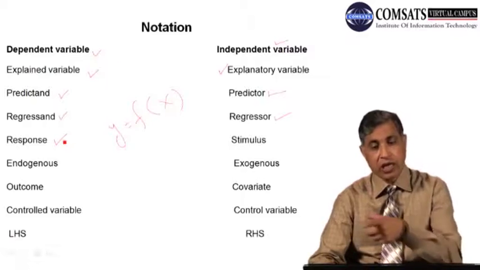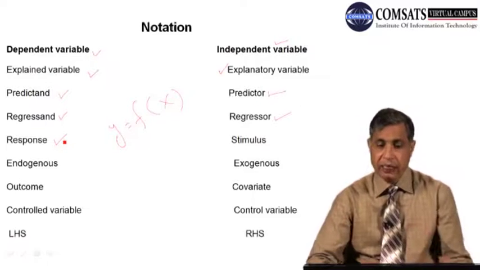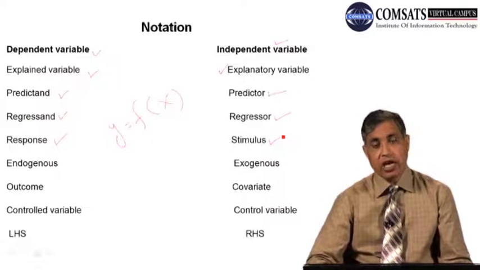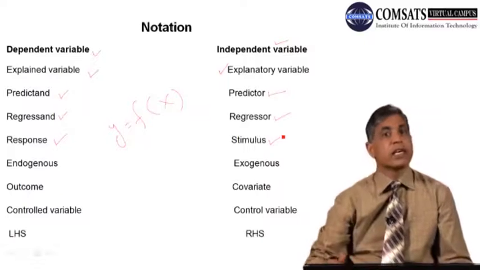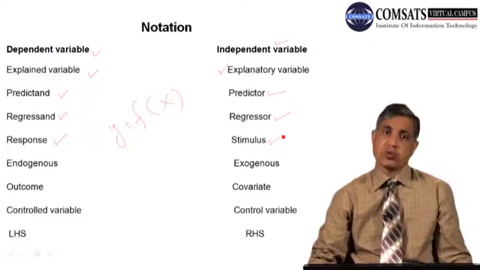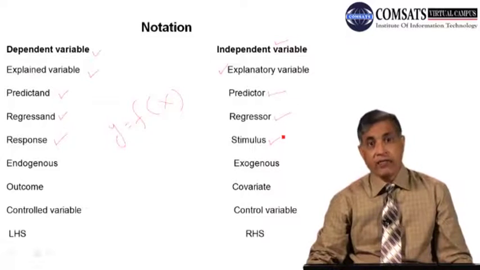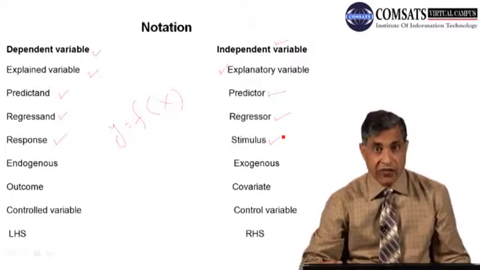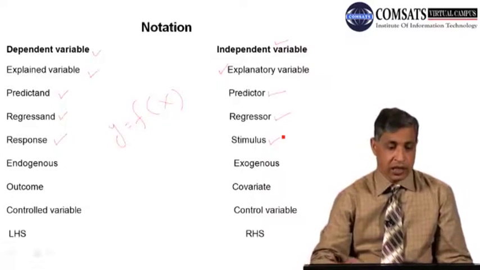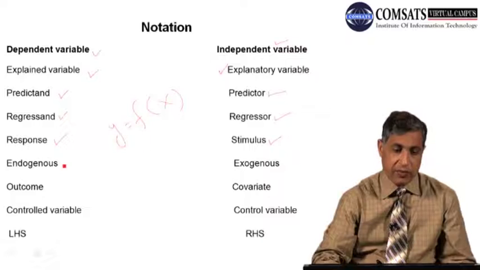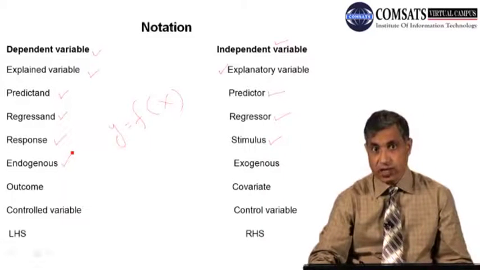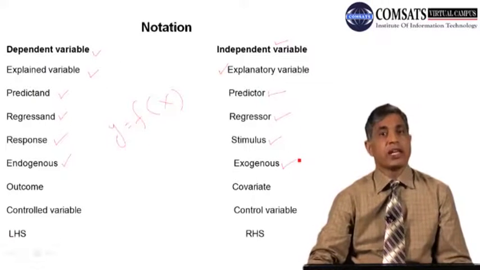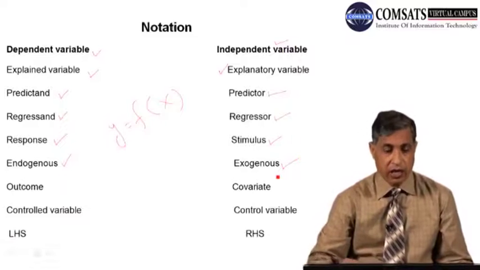The other name for the dependent variable is the response. It will give a response when we stimulate our independent variable, and against this there is the stimulus variable. The stimulus variable is the independent variable, and the response is the dependent variable. Definitely the dependent variable gives a response when we stimulate the independent variable that we change. Then there is another name for the dependent variable, the endogenous variable, and against this name there is another name, the exogenous variable.